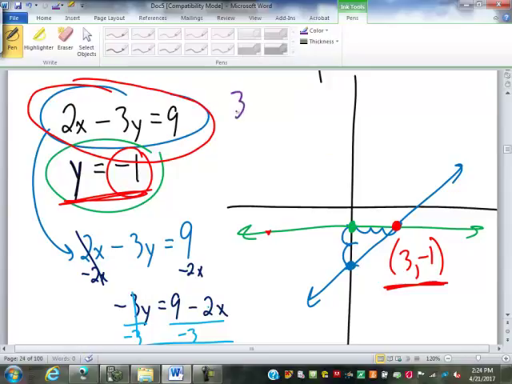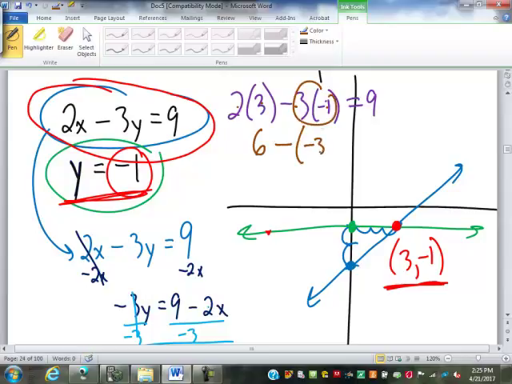I would put 2 times x is 2 times 3, minus 3 times y, so it would be -3 times -1, equals 9. 2 times 3 is 6. Now I can treat this as minus 3 times -1, which is -3. 6 minus a -3 becomes 6 plus 3 is 9. So that is true.